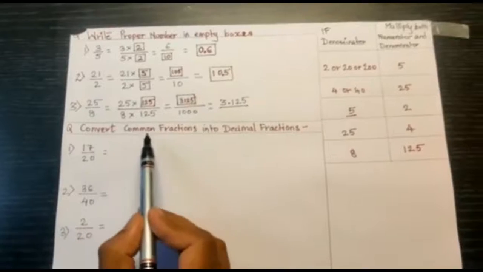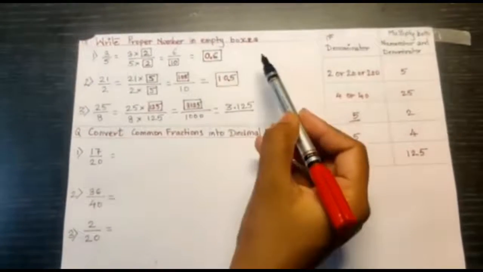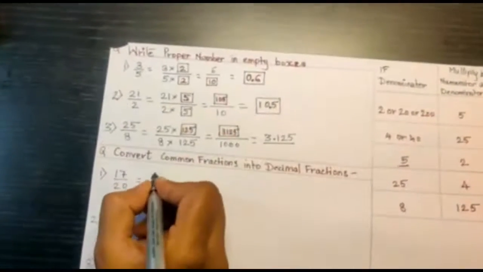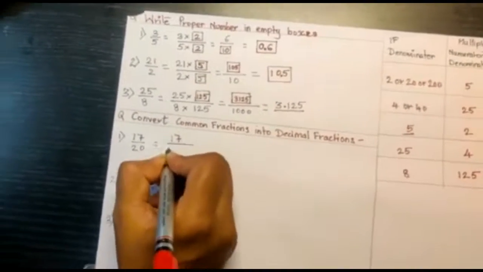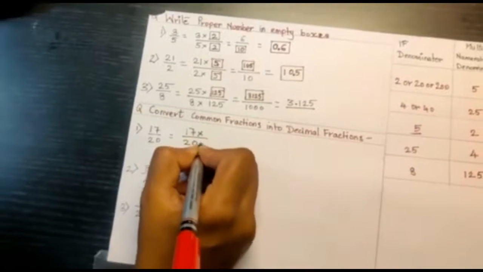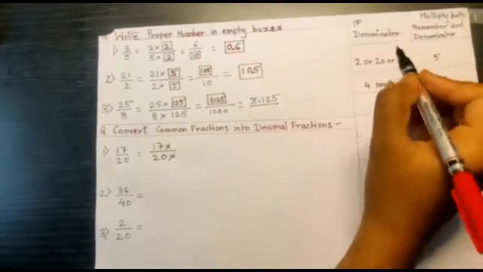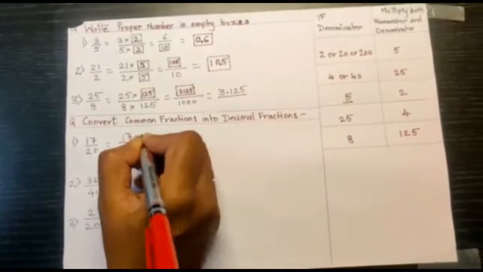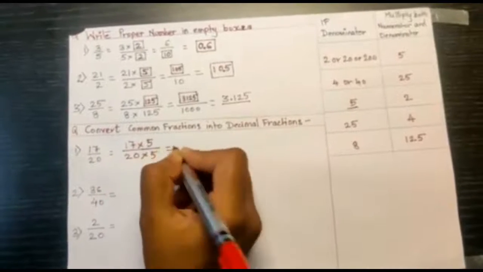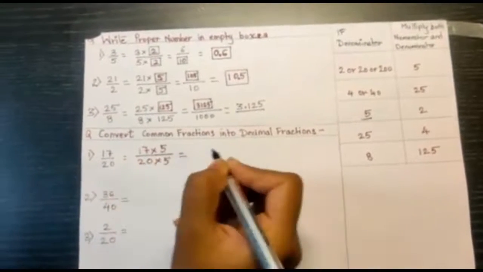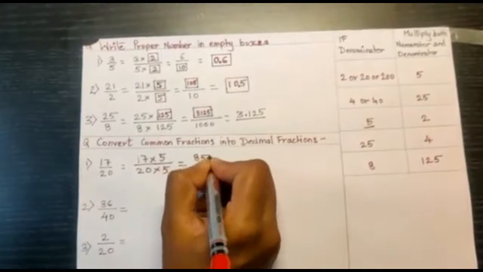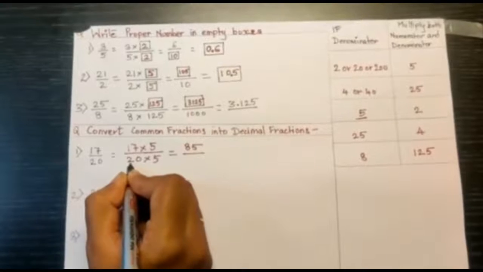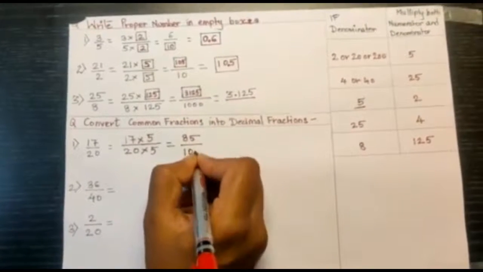Now in the second, convert the common fractions into decimal fractions. It is one and the same. Now 17 divided by 20. Now we will write it in this manner. 17 divided by 20. We all know if the denominator is 20, we will multiply it by 5. So 17 into 5 comes as 85 divided by 5 into 20, or 20 into 5, which is 100.